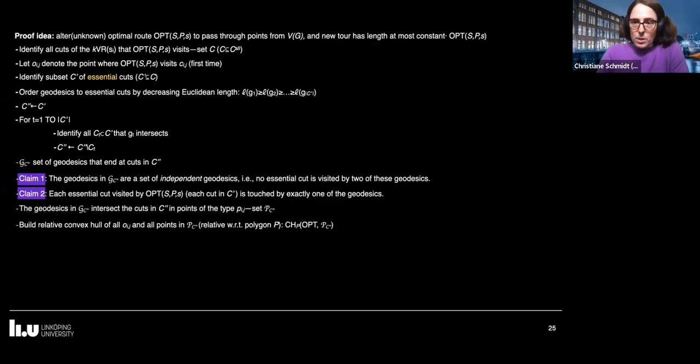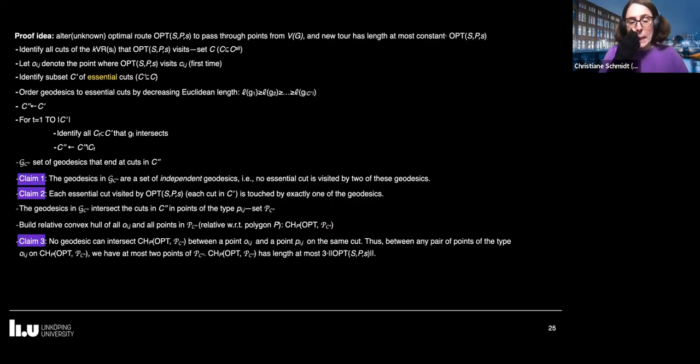What we do then is we build the relative convex hull, so the convex hull with respect to the polygon, that's inside the polygon, of all the points Oj, where the optimum visits all our cuts, and the points that we're left with on our filtered out cut set of the Pij. And then we call that relative convex hull with respect to P. So what can we say?